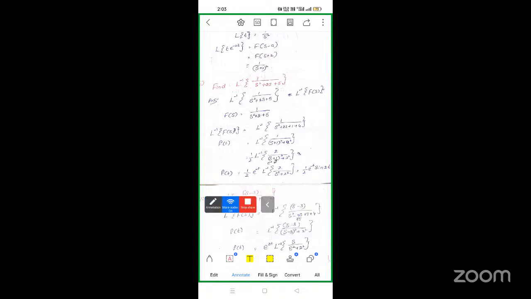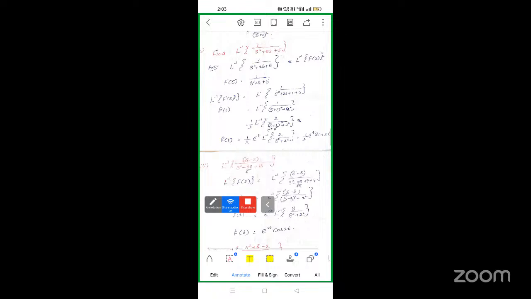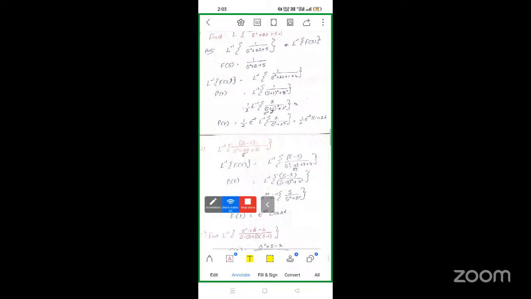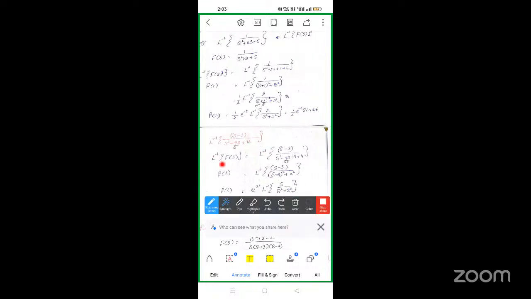The next example: L inverse of s minus 3 by s square minus 6s plus 13. So this can be written as L inverse of s minus 3 by s square minus 6s plus 9 plus 4.